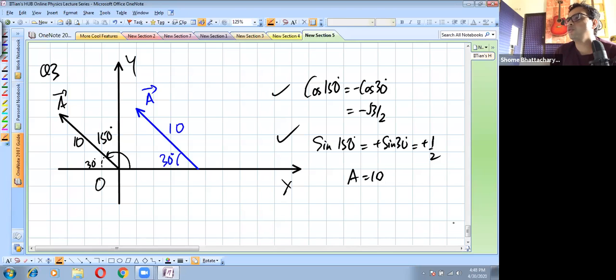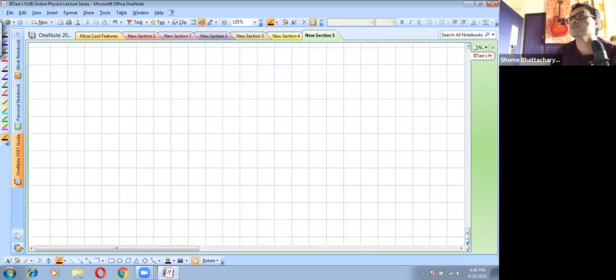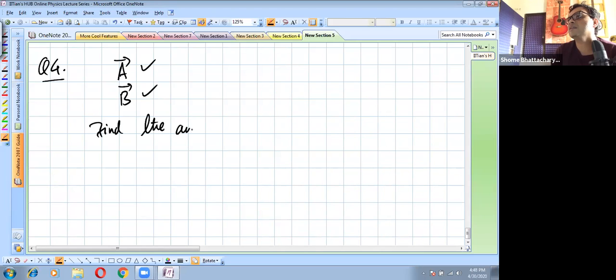Now I'll come to question 4 and I'll explain what to do. Okay, so in question 4, there are a number of ways of solving this, but from what we have learned so far, there is only one method. You are given the vector A and the vector B, and you have to find the angle between A and B. Now, in case you haven't worked out this question yet, this is what I'd like you to do.